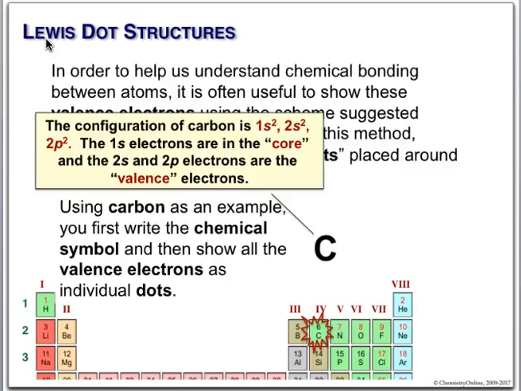The only rule that Lewis imposed was the dots go in one at a time, and once you get 4, then you start to pair them. So carbon has a total of 4 valence electrons. So we're going to put 4 dots around our carbon.